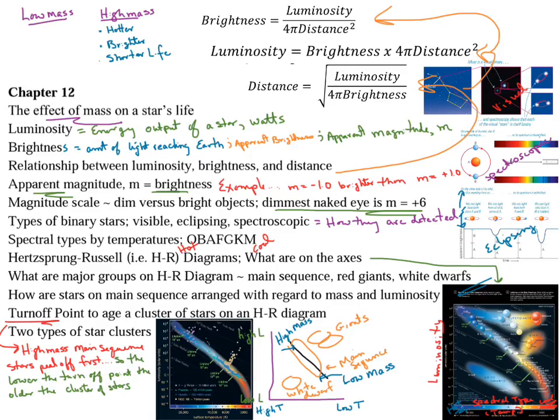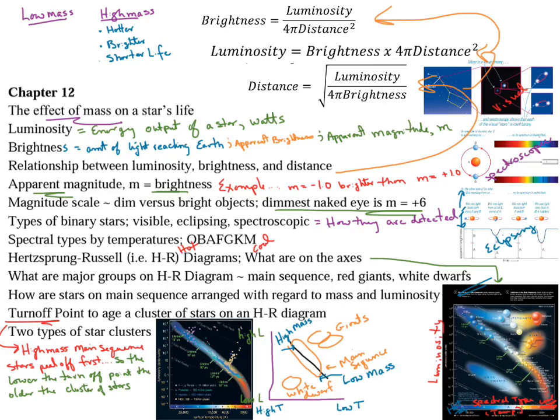Now, I told you that on the main sequence, the high mass stars are in the upper left-hand corner. And also on the slide, I said that the high mass stars actually live their lives faster than the low mass stars. As the high mass stars live their lives quickly, if they run out of hydrogen, basically, they will move off the main sequence and move into the giant area on the HR diagram.